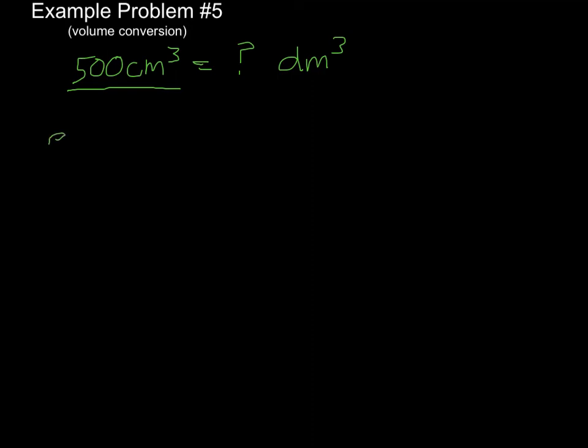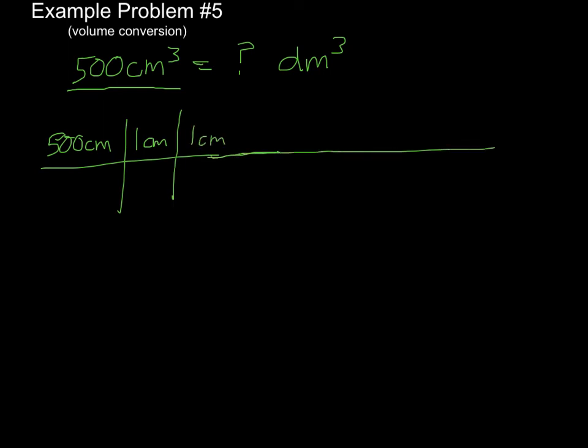We've got to somehow set this problem up where we can account for 500 centimeters cubed, and that's fairly easy. We can write out 500 centimeters times 1 centimeter times 1 centimeter. Now notice here, this does equal 500 centimeters cubed. Now we're going to go ahead and do our conversions.